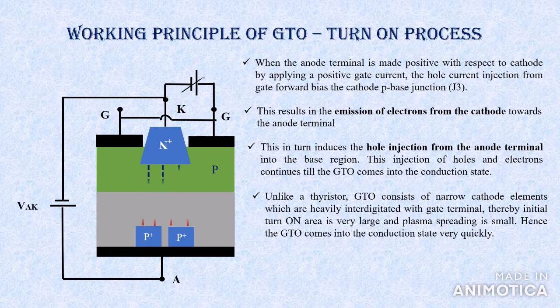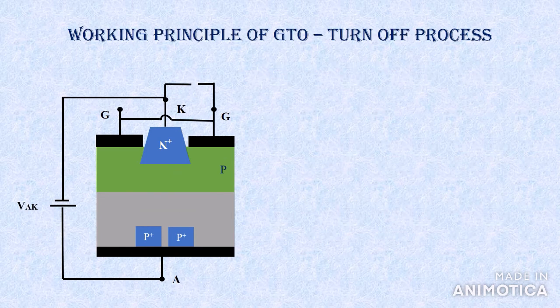Next we'll discuss the turn-off process. In order to turn off this GTO, a negative voltage is applied across the gate. That is, the gate is made negative with respect to the cathode. Whenever the gate is made negative, some of the holes injected from the anode get diverted towards the gate.